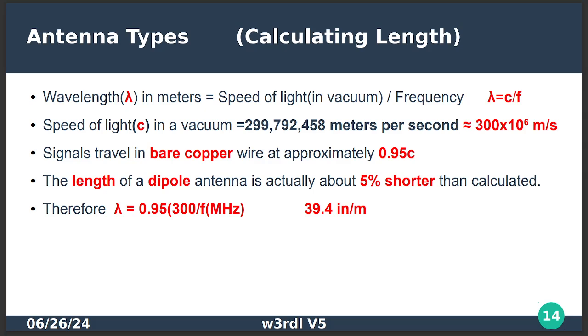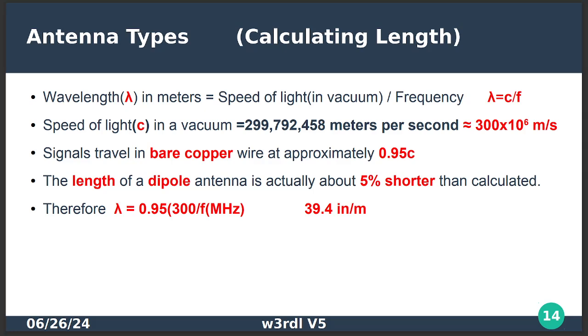The length of a dipole antenna is actually 5% shorter than what you calculate, because when you calculate it, you're calculating it for out in the atmosphere. So it gives you that formula there at the bottom. The wavelength is equal to 0.95 times the quantity of 300 over the frequency in megahertz.